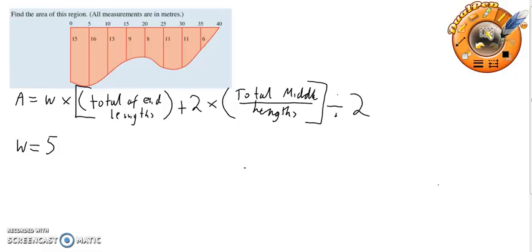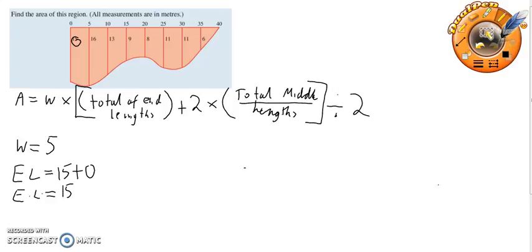So the width is 5, and we can work out the end lengths. In this case, the first length is 15, because that little number is the length. On the end, you'll see at the 40 mark, there is no height, so that is actually 0. So before I said it can be 0. So the total for the end lengths is 15.